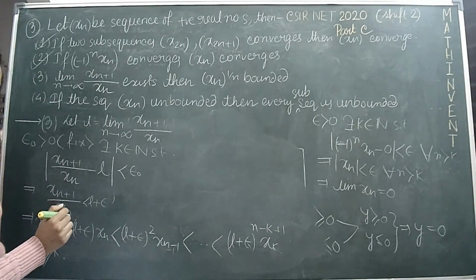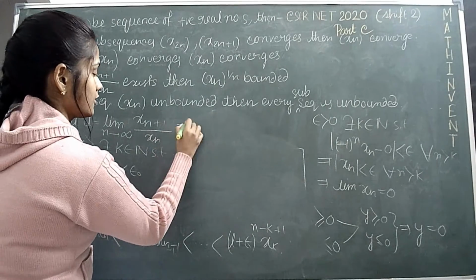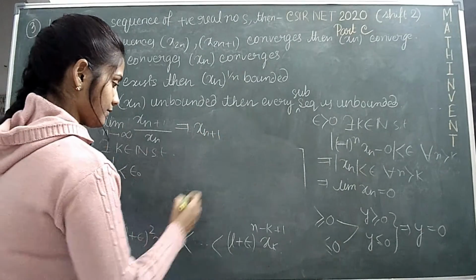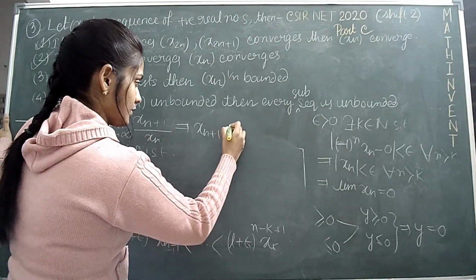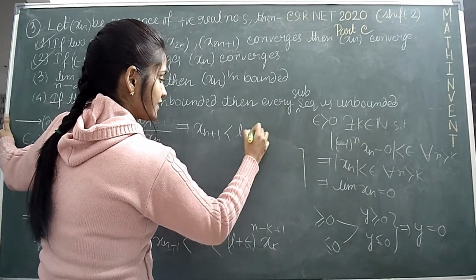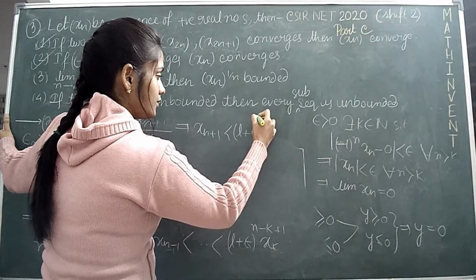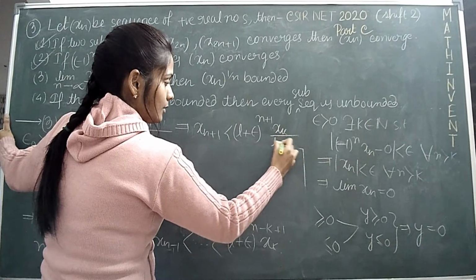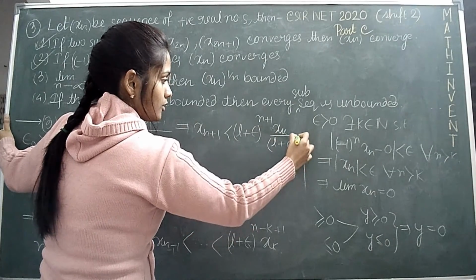From here we have xn plus 1 less than (L plus epsilon) power n plus 1 xk by (L plus epsilon) power k.